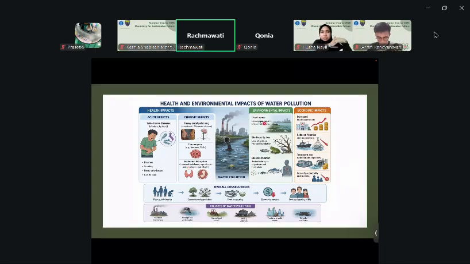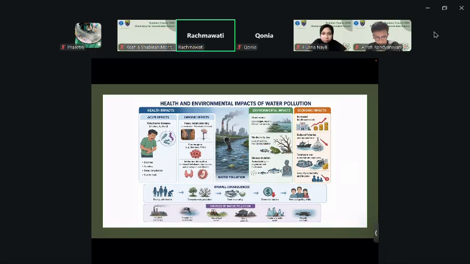And there's also impact to the environment, such as if there's an area which is low in oxygen, aquatic life cannot survive. We call that the dead zones. And then it might cause biodiversity loss.